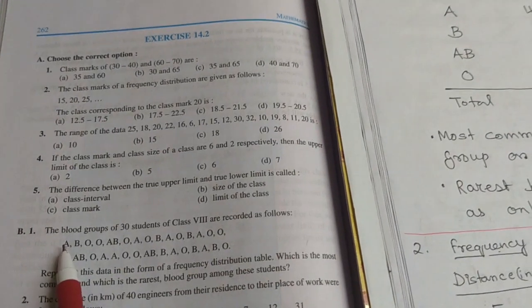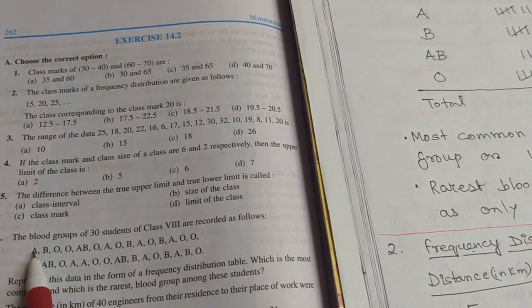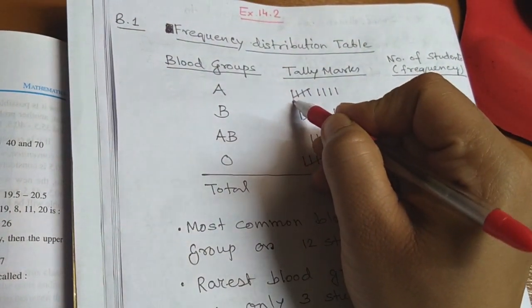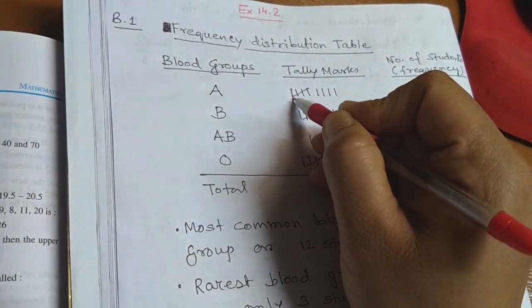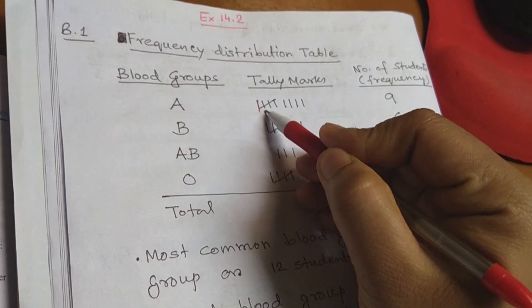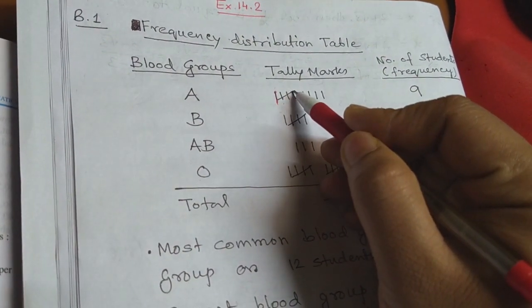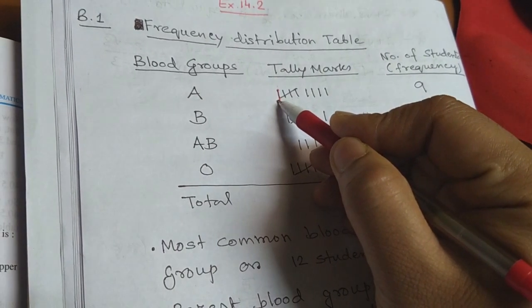Whenever you find one value here, you have to write it like this. Again for the second one, you can see in the first row this is the second one, again one here. Similarly 1, 2, 3, 4. For the fifth one, you have to strike through like this.